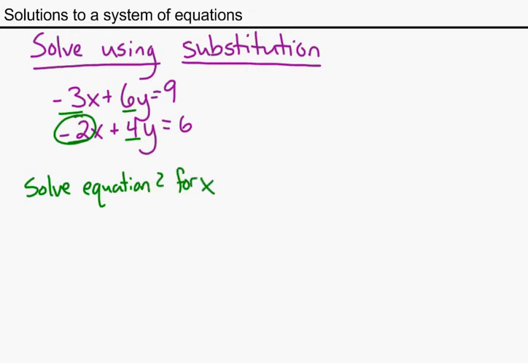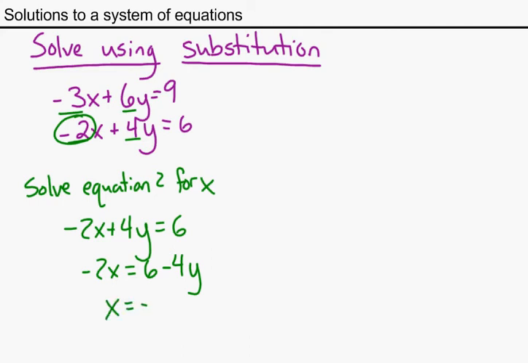for x. So I take -2x plus 4y equals 6 and begin to use inverse operations to take the 4y over. So I get 6 minus 4y. Divide everybody by -2, so x equals -3 plus 2y. Remember, with substitution, my goal is to solve one equation and plug it back into the opposite equation, not the same one.